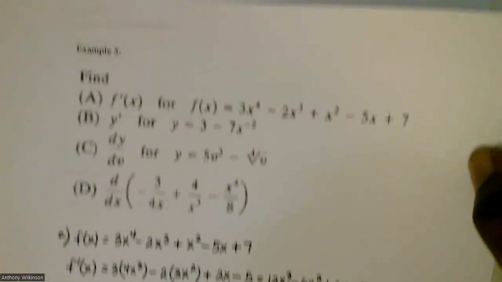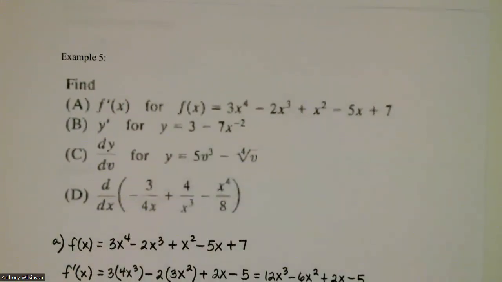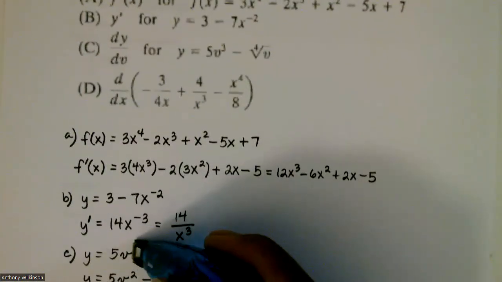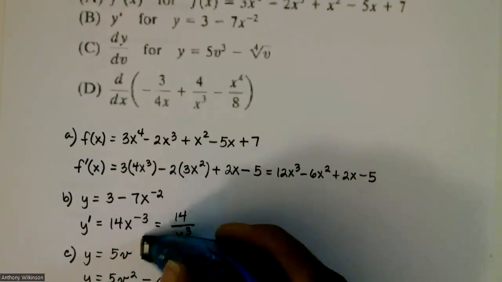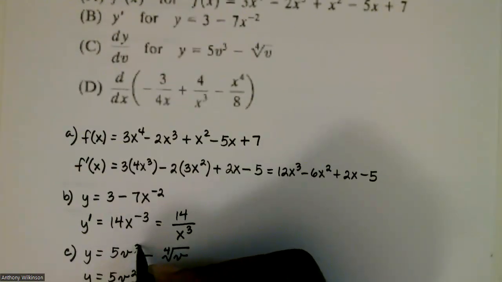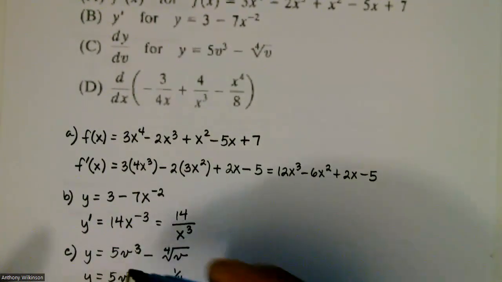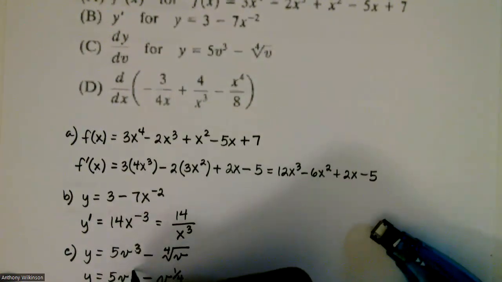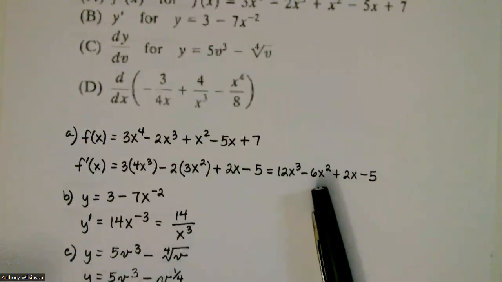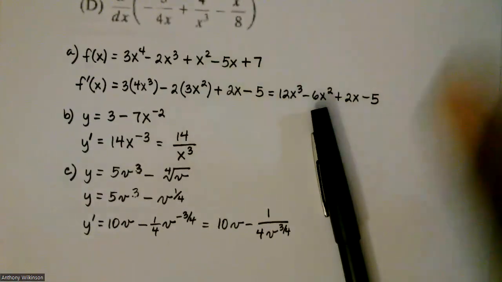Oh, did I copy that problem wrong? That should be 5v cubed. I'm sorry. 5v cubed. And then this will be 5v cubed as well. And then if you take the derivative of that, you bring down the power.